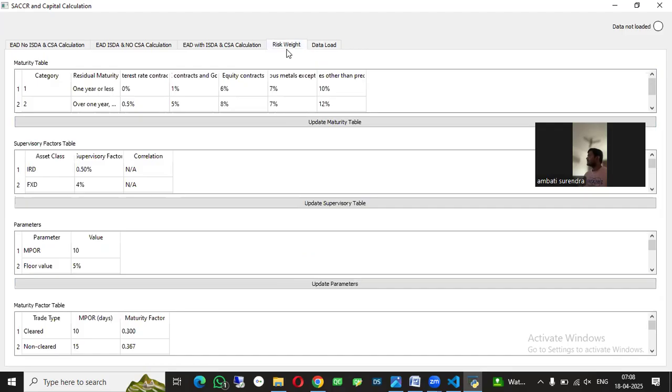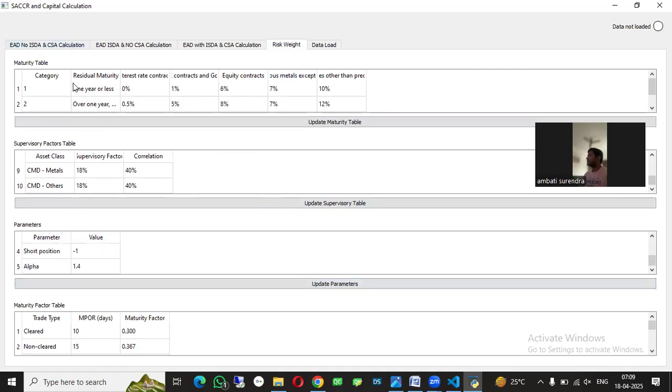Before that, I want to just walk you through the risk weight tab. Here in risk weight, we have a maturity table, supervisory factor table, parameters, and maturity factor table. These are all static parameters that we use in the calculation of SACCR. So my idea is, if in future BCBS comes with new parameter values, then we can simply come to this tab and change these values.